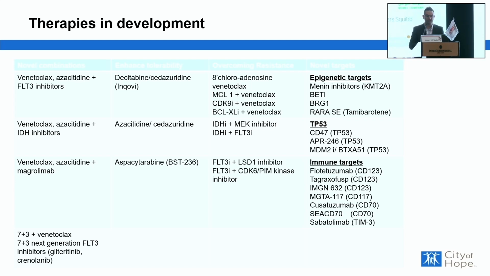Other approaches that are being attempted are resistance-overcoming drugs like MCL1, CDK9, and PIM kinase, etc. And lastly, on the novel targeted side, now we have immunotherapy in AML, and those antibodies could be against, for example, CD47 with macrophage activation, CD123, CD117, which is the c-KIT receptor, and CD33.